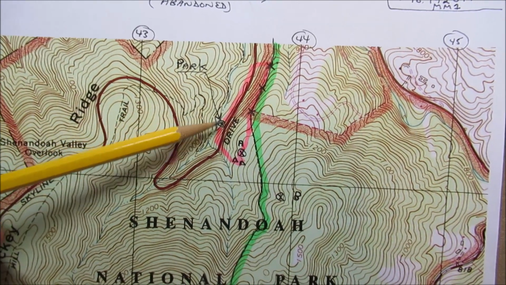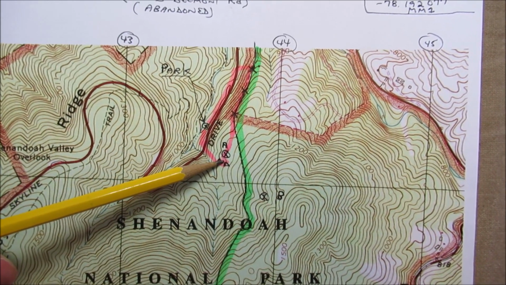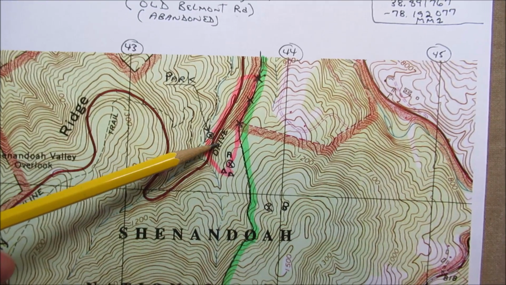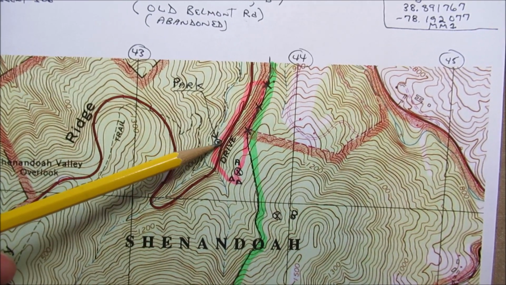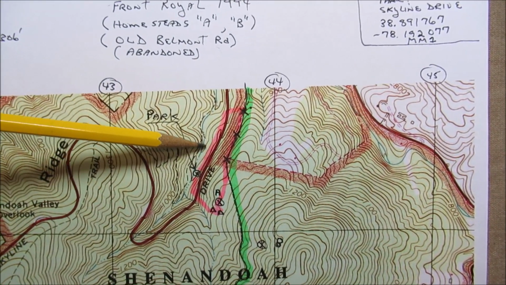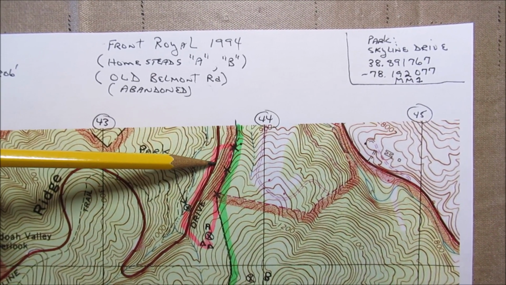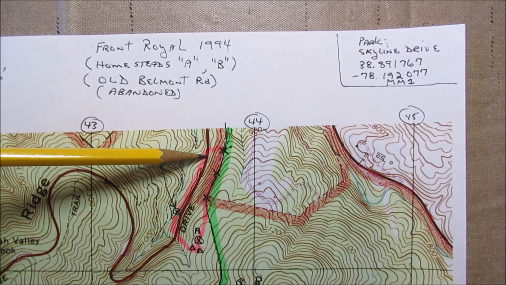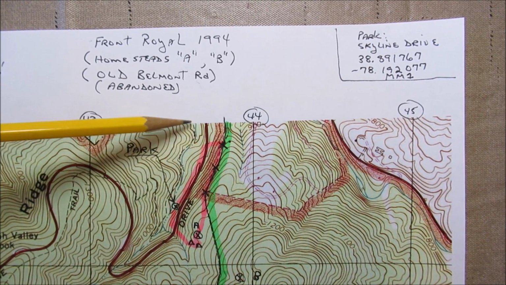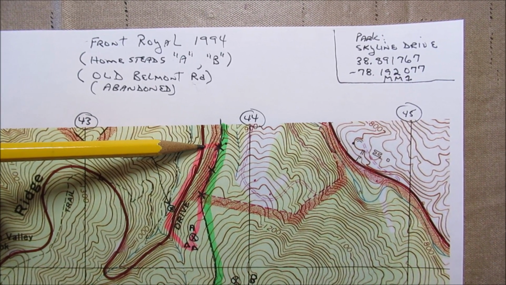And if you look at where A and B are, they're very close to this, but this is extremely steep right here. So what I ended up doing was I hiked back down Skyline Drive towards the entrance looking for a part of the mountain that wasn't quite so steep.